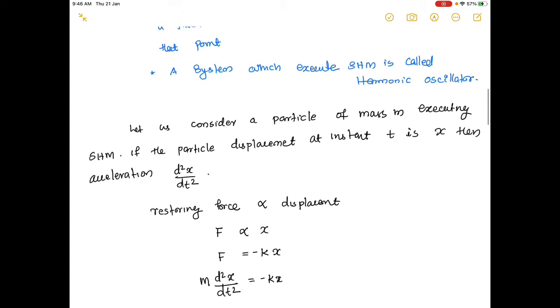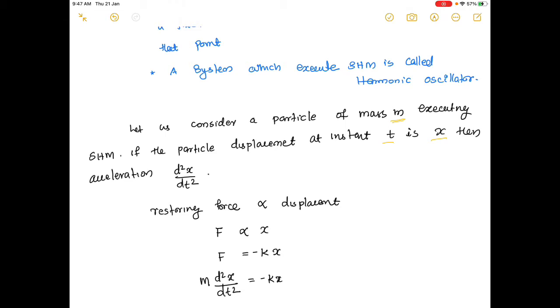Next, suppose I consider a particle of mass m executing a simple harmonic motion. Suppose the displacement at some instant t is x. Then the acceleration, which is the second derivative of displacement, is d square x by dt square.